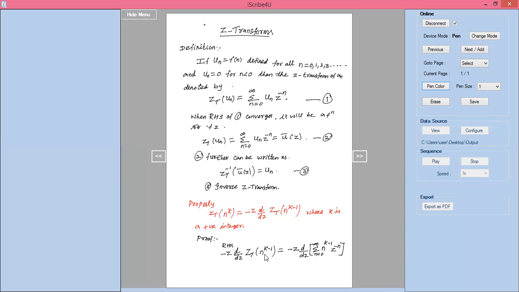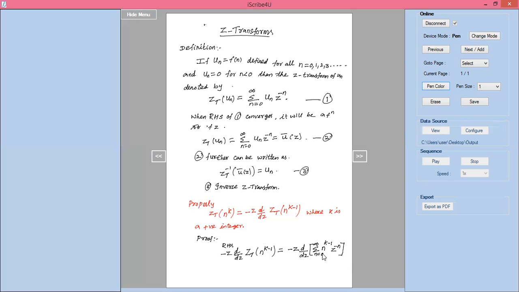Now I want to differentiate this n power k minus 1 into z power minus n with respect to z. I'll write it in the next sheet.